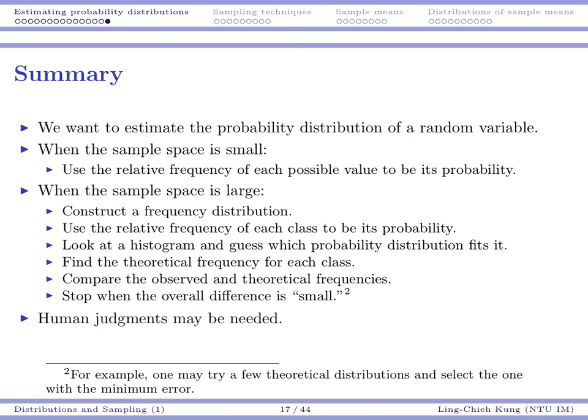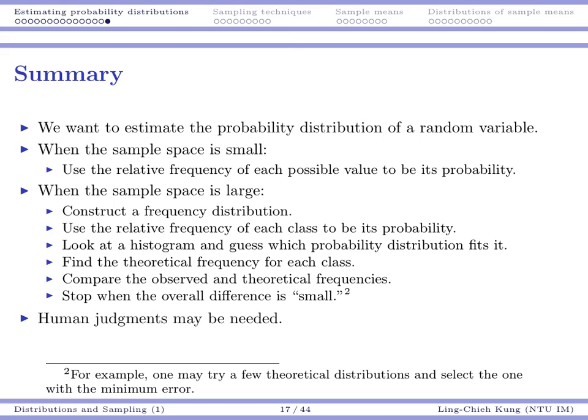Then we just use the relative frequency of each possible value to be its estimated probability, or at least a reference. When the sample space is large, then we first construct a frequency distribution and use the relative frequencies of each class to be its probability.